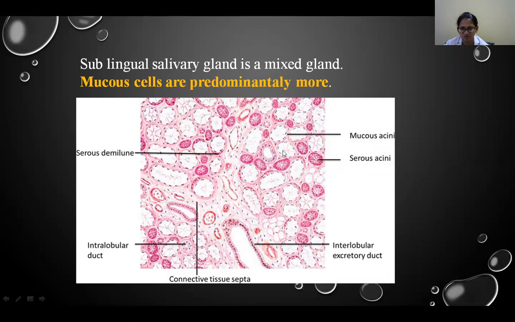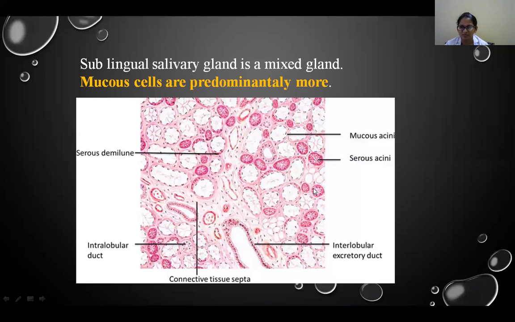The stroma and ductal system are the same. This is the mucous cells, these are the serous cells, and this is the connective tissue formed by the septa. Next, this is the interlobular excretory tract.